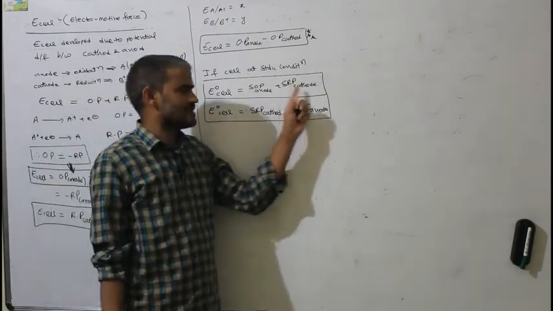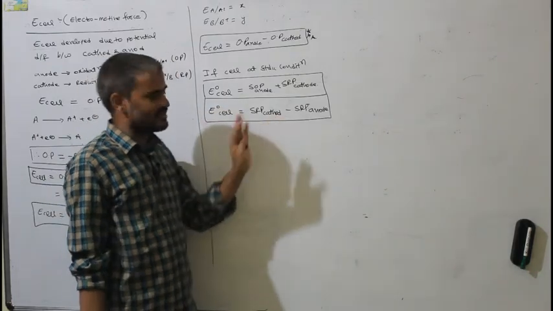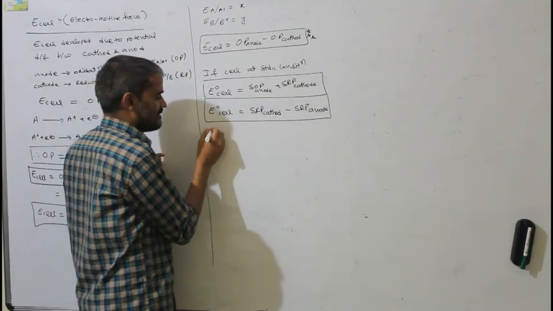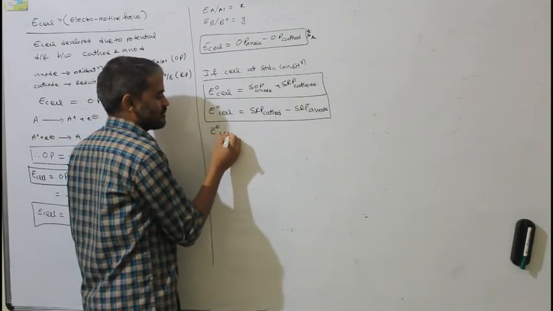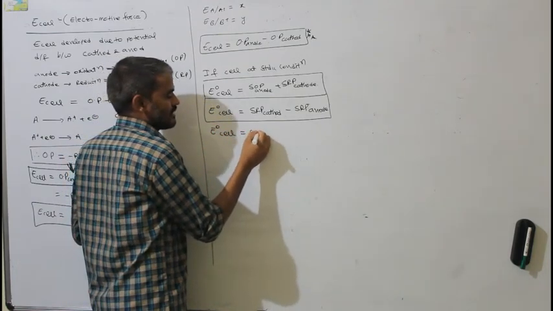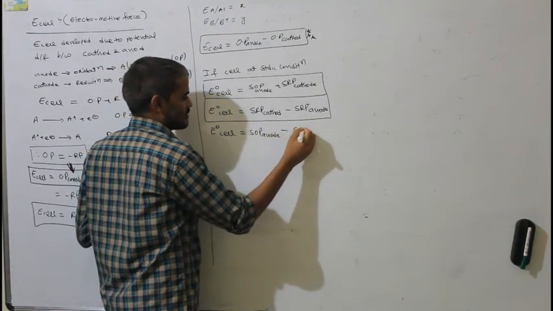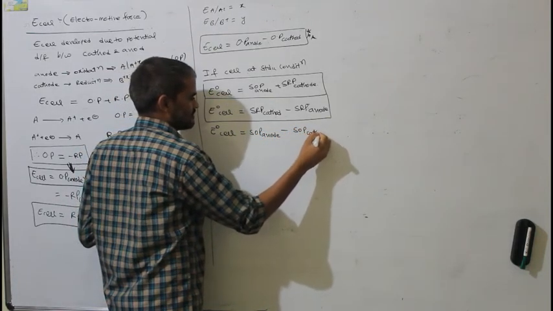First one, oxidation potential and reduction potential. Second case, both given reduction. Third case, if both given oxidation potential only, then it becomes SOP of anode minus SOP of cathode.